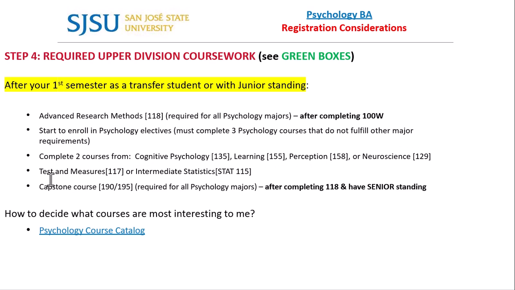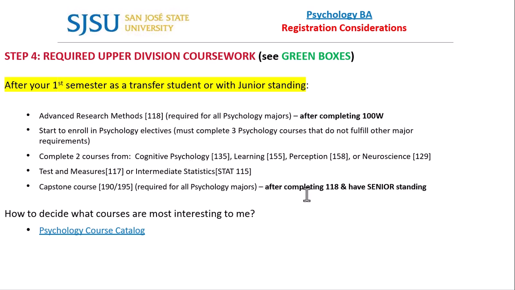You have to do an upper division assessment class. So either Psych 117 or Stat 115. Again, on the roadmap, remember that the prerequisite for these upper division assessment classes is Stat 95.